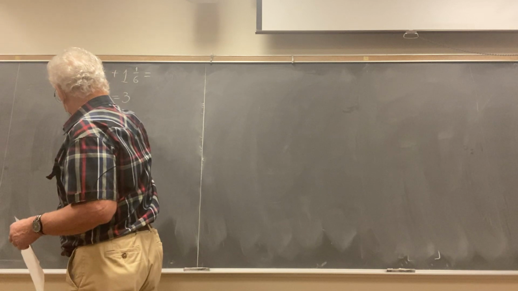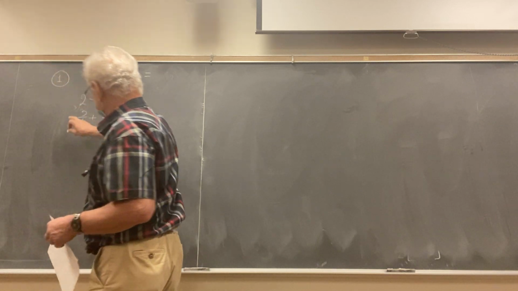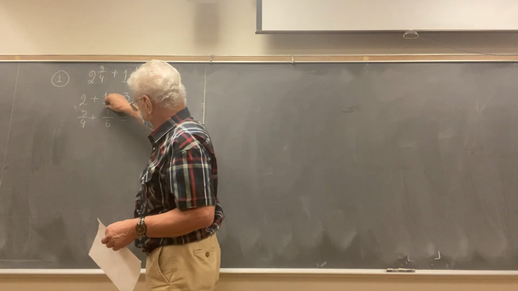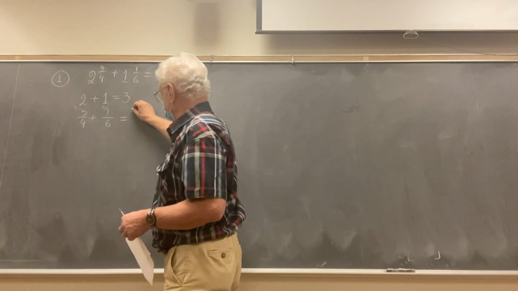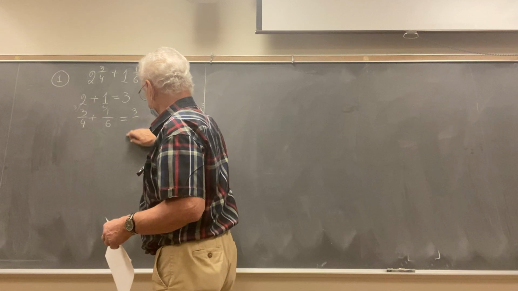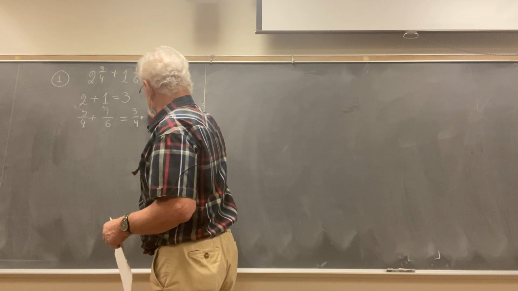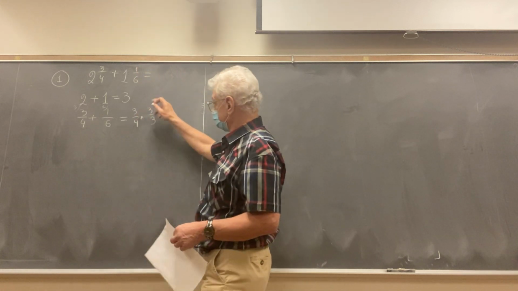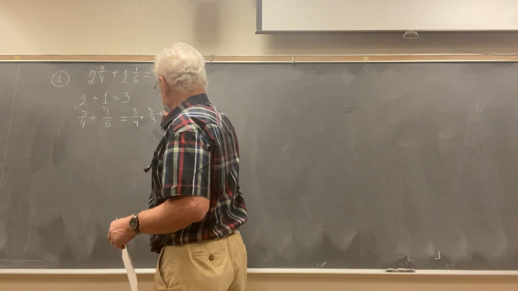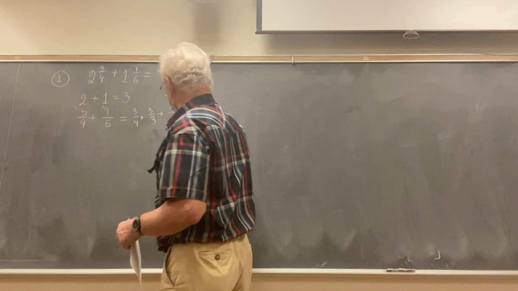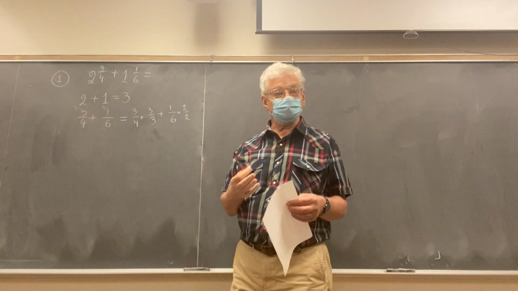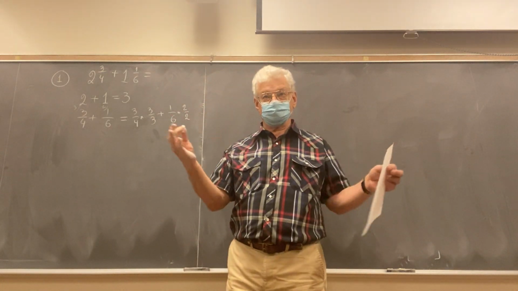So I multiply by 3 to get 12, and here I have to multiply by 2 to get 12. So I can write this as follows. 3/4 times 3 over 3, which is 1, right? Okay, plus 1/6 times 2 divided by 2, which is 1 again. If I multiply by 1, I don't change anything, right?